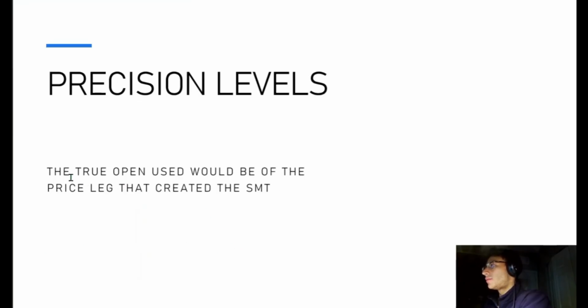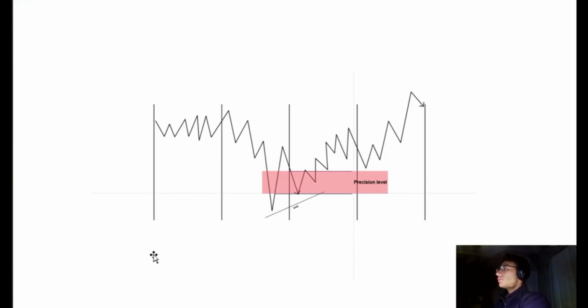Going in, the true open used would be that of the price leg that creates the failure swing. This is a little illustration that I made. Let's say we are trading the weekly range, Monday, Tuesday, Wednesday, Thursday, for example. Here we have an SMT, a failure swing between Tuesday's low and Wednesday's low.